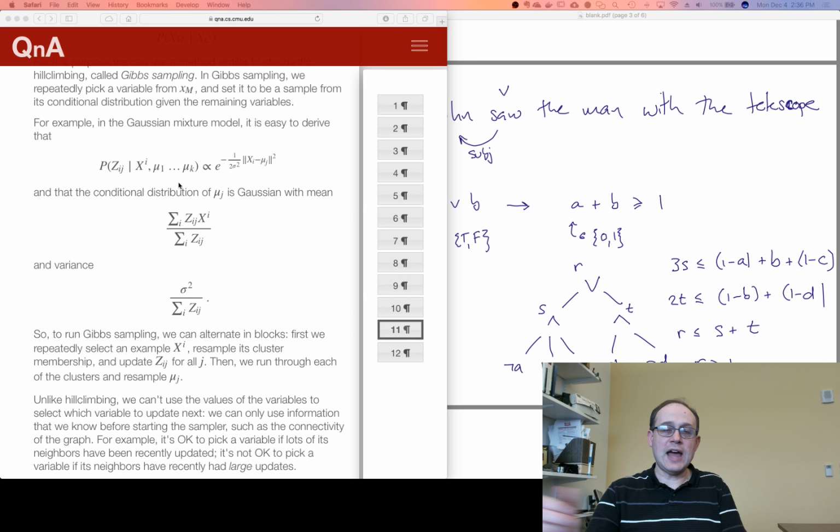And unlike hill climbing, it's difficult to tell when to stop, right? In hill climbing, things get better and better and better, and then they tail off. Here, because we're randomizing, things could get better and then worse and then better and then worse. So what's going to happen is you initialize somewhere that's not high probability in your distribution.